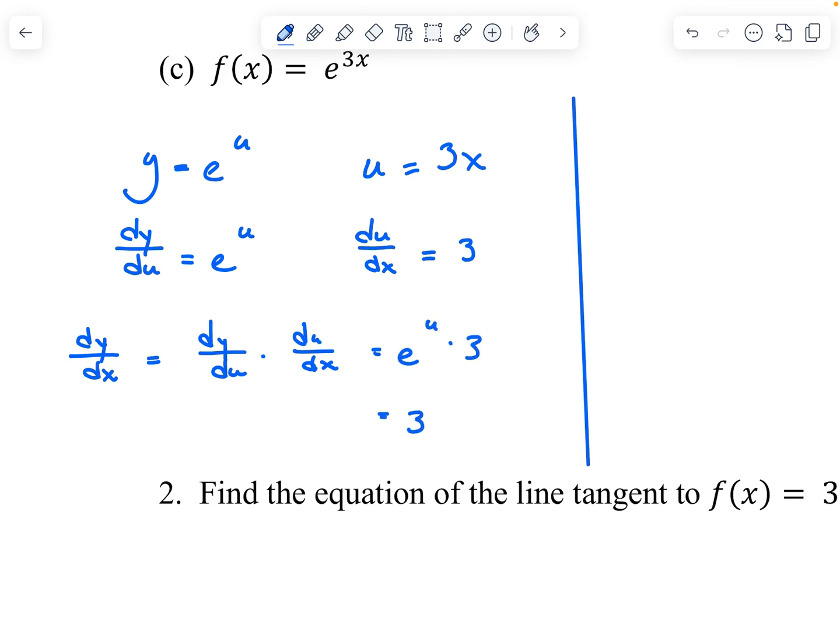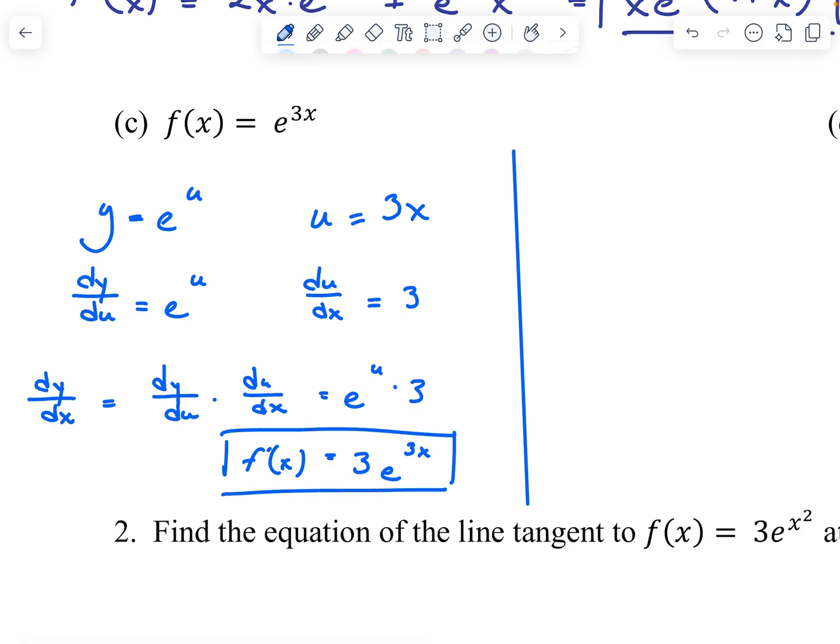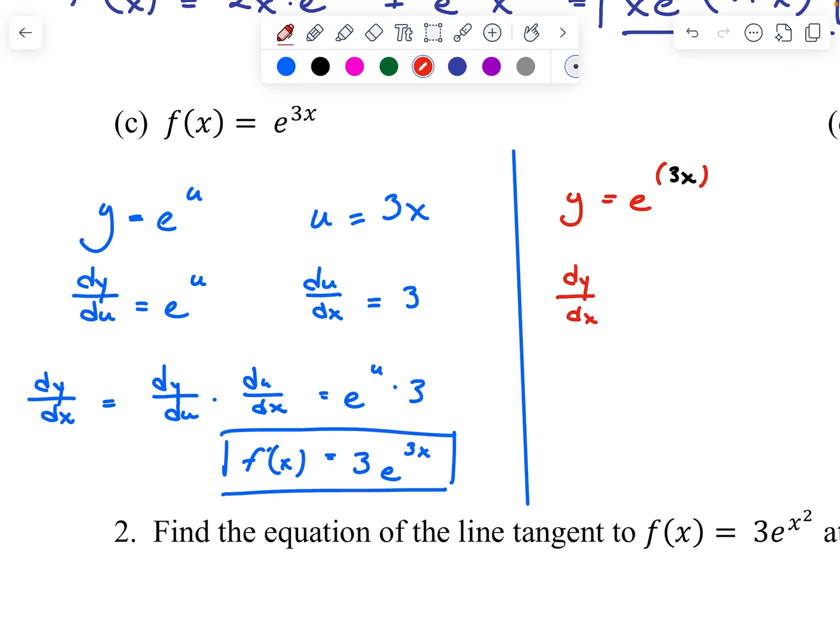I'm going to move the 3 to the front. Okay. I don't do all that work when I do the chain rule on this function. I see y is e to the power u. So I differentiate e to the power u, and I leave the inside alone, and then I differentiate the 3x, and I get the same answer.